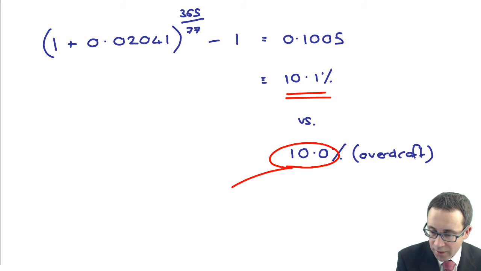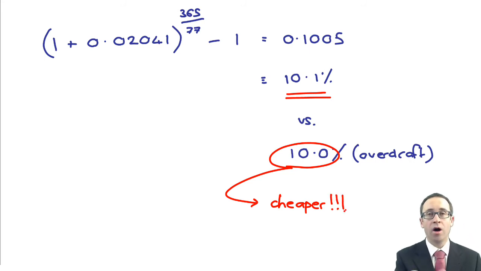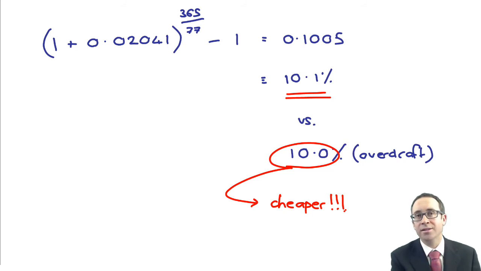Therefore funding it via an overdraft is cheaper, so do not offer the prompt payment discount. It costs more on an annualized basis to offer the discount, at 10.1%, than it would if we financed the receivables using the overdraft.